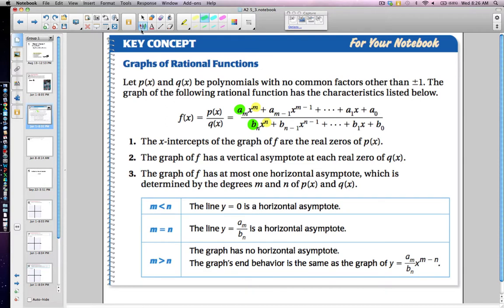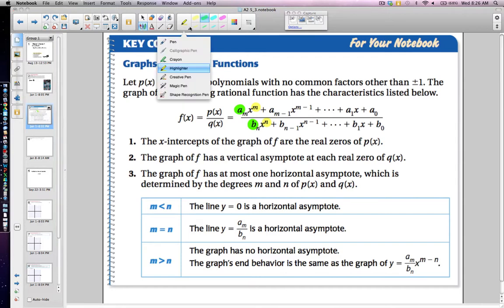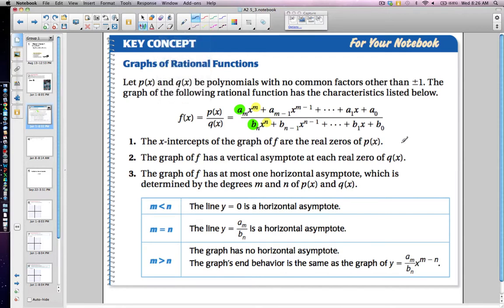Remembering that we did the same sort of thing when we were working with simple rational functions. So if you remember simple rational functions, we had y is equal to ax plus b over cx plus d, and I've put it here because in this case the degrees are the same, right?